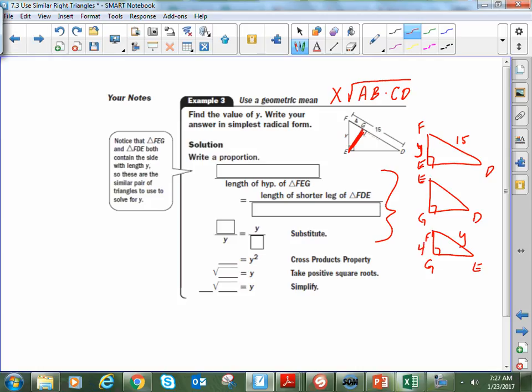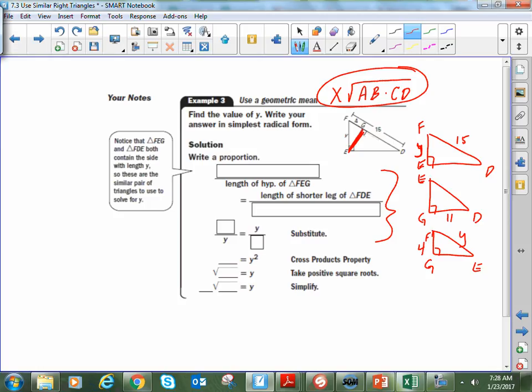Looking at the values here, if we really wanted to, we could figure out that segment GD is 11, but we don't have anything else to go with it. If I wanted to know what GE is, that's when I would start thinking about using what we typically think of as the geometric mean.